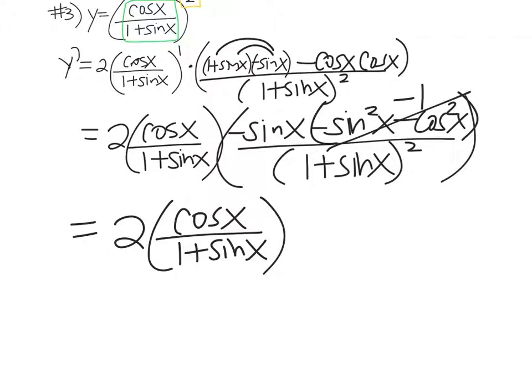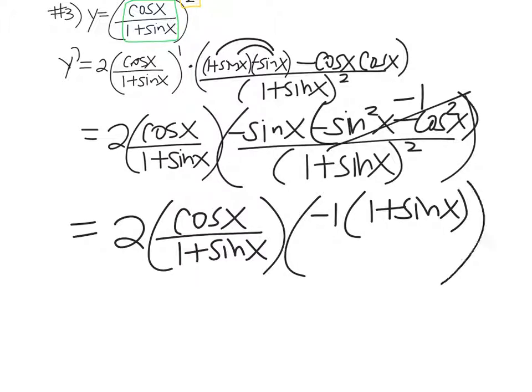And then I can pull out a negative 1 from that. Factor out a negative 1 here. And when you do that, you're left with 1 plus sine x. And it's still over 1 plus sine x squared. And we can simplify that too.